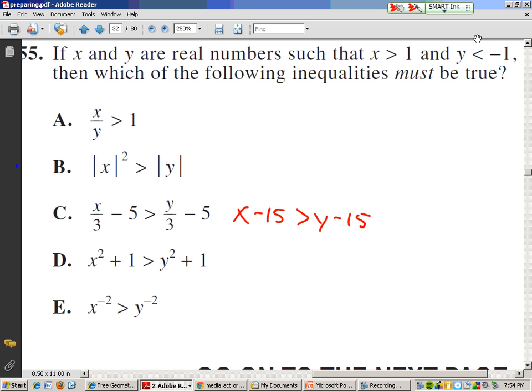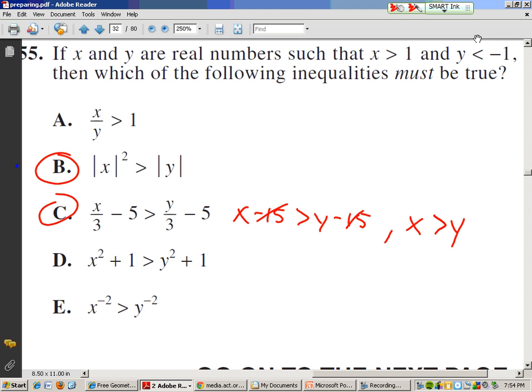Add 15 to both sides, cancel that out, and I get x is bigger than y. That is true. You're right. Yeah, no, I don't know why I crossed it out. That is true. Okay, so hold on. C is also true. I believe B is also going to be true.